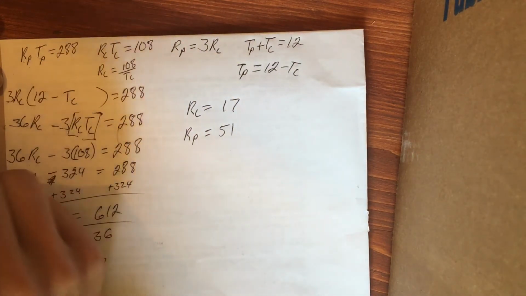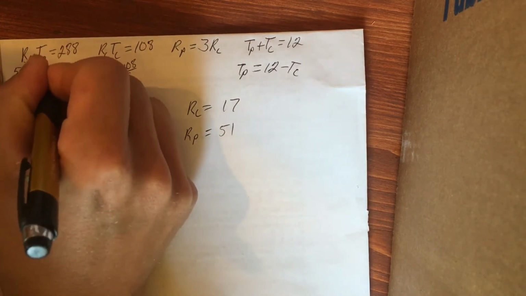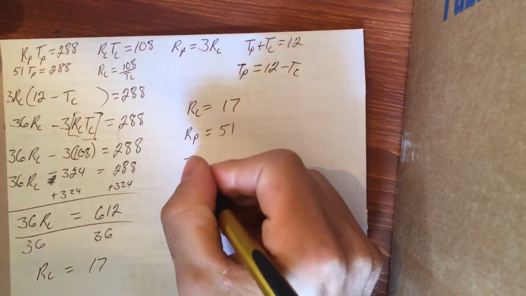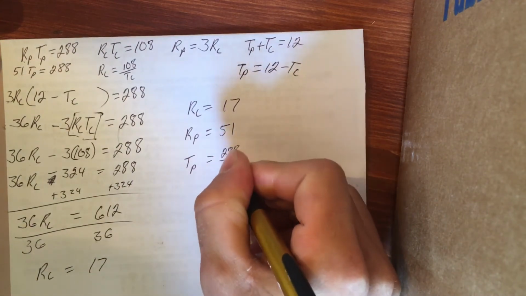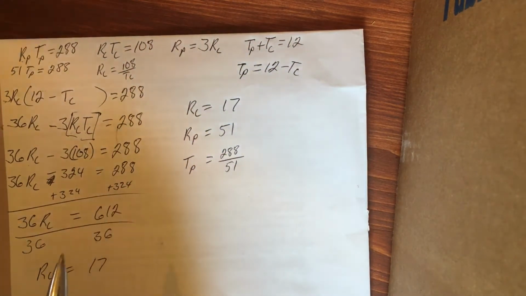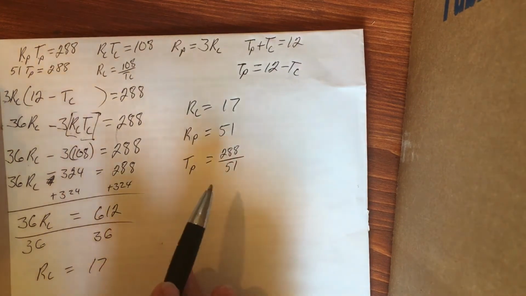Let's solve this one for TP. 51 TP equals 288. So TP equals 288 divided by 51, and it's not going to come out even. And the fraction there will work just fine. We don't need to solve that. I'm going to check and make sure it doesn't come out even. 288 divided by 51, yeah, it doesn't come out even. So we'll just leave it like that.